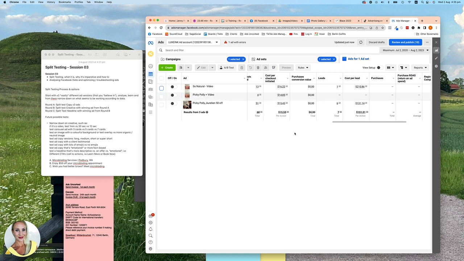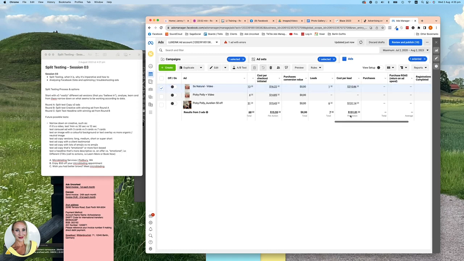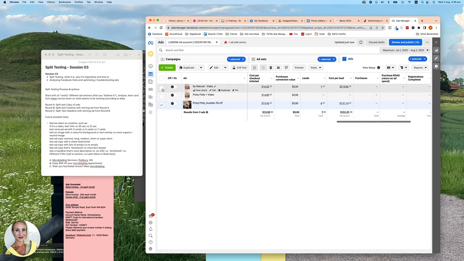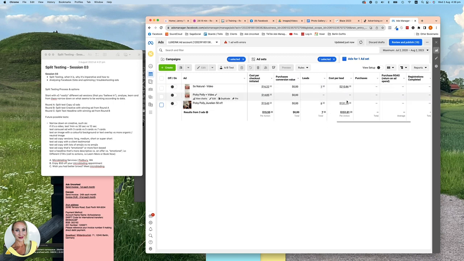But say that you hadn't done a split test, you'd only run this ad, and then you would be paying $200 per lead, whereas with a well put together split test, suddenly it's almost half that cost. So you're paying half as much for your leads with this ad, only because we ran these different variations. We're able to find out that this one generates leads at a much lower cost.